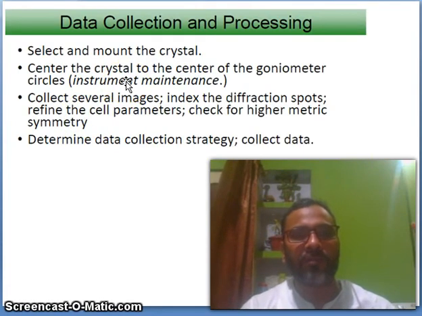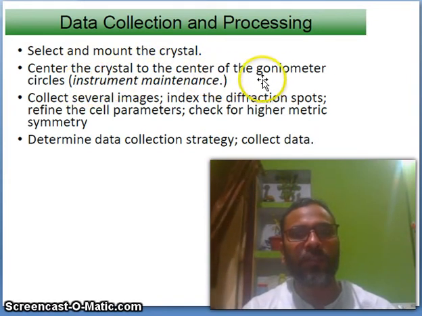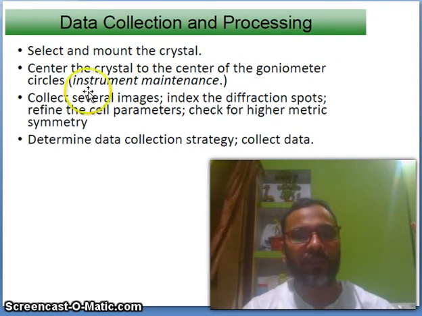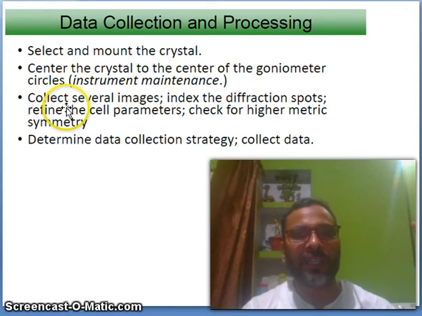Now we will discuss data collection and processing. Select and mount the crystal. First you select, then mount the crystal. Center the crystal to the center of the goniometer. The goniometer circle is a part of the instrument. Collect several images.